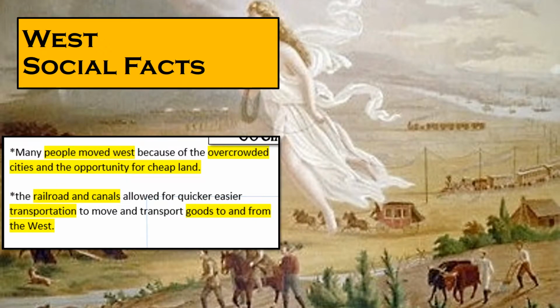All right, social facts. So many people move to the West because of overcrowded cities and an opportunity for cheap land. So if you think about the eastern coast over there by the Atlantic Ocean, where we all started out at the beginning of the school year, we talked about how that's where the United States kind of started as the northern or New England colonies, middle colonies, southern colonies. Well, over time, we become the United States.